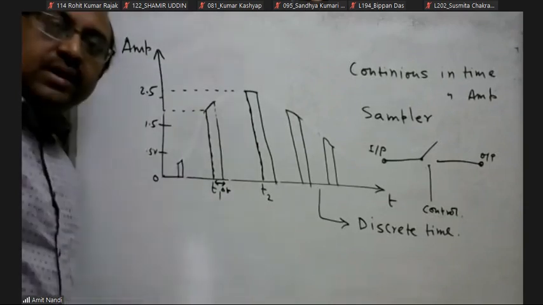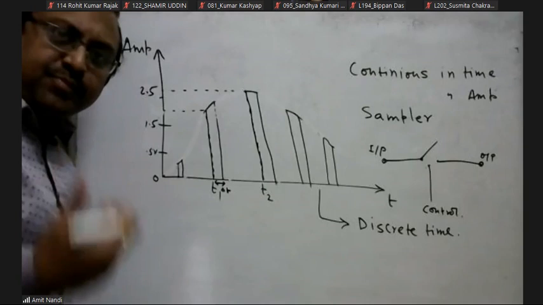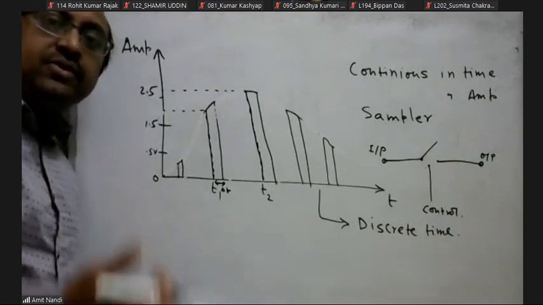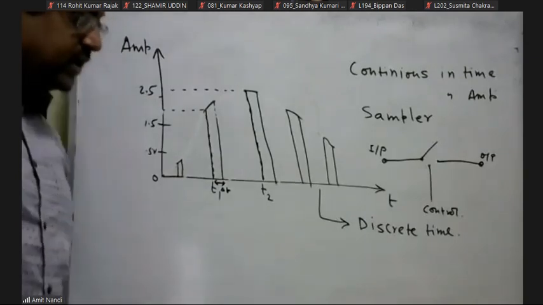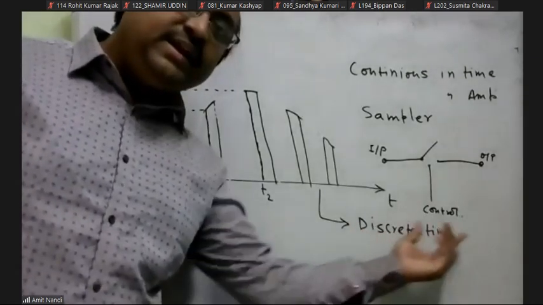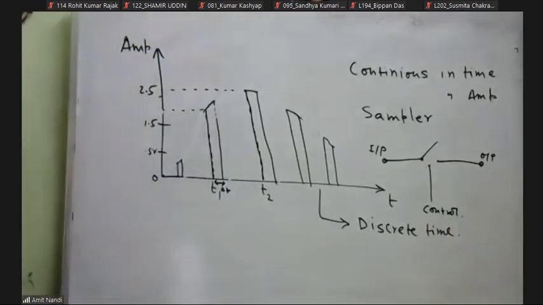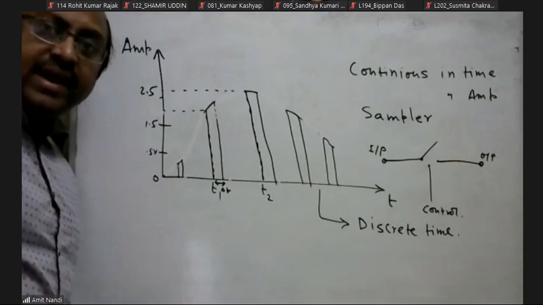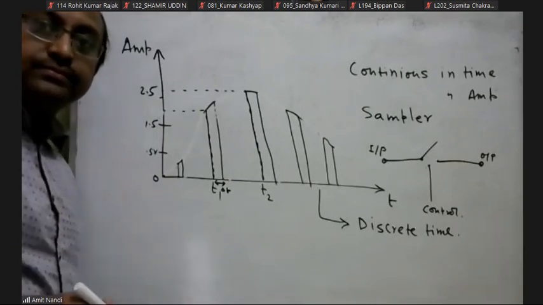That process is called the encoding process, and using this encoding process we can convert the discrete time signal into a digital signal. At that moment the signal is discrete in time and discrete in amplitude.